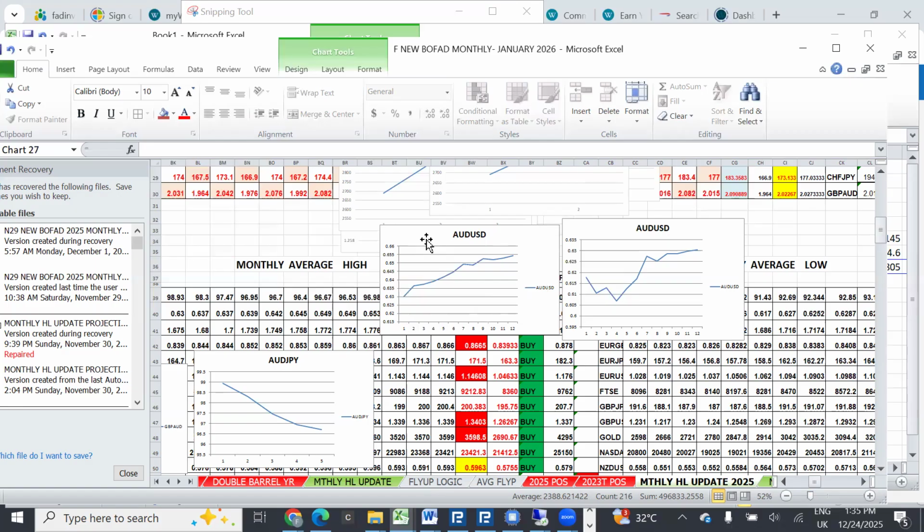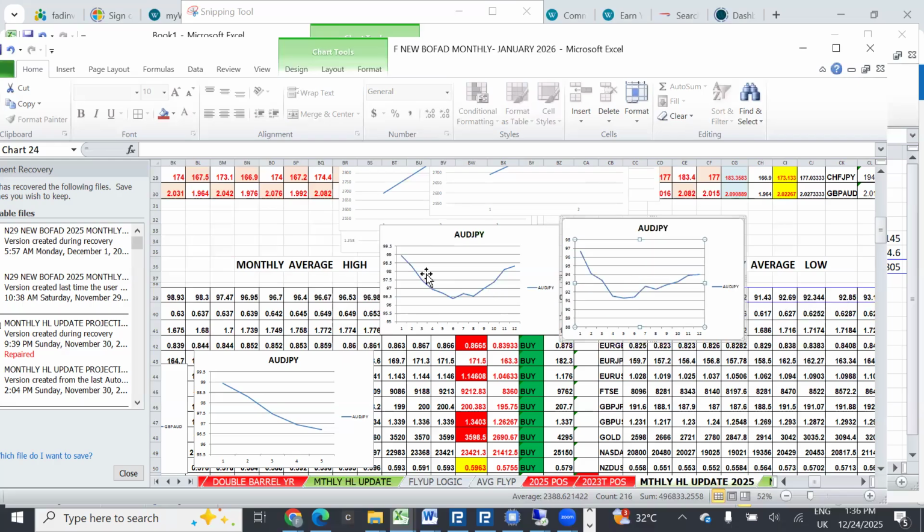So let's look at the example of the AUD JPY we checked before. So for AUD JPY, you can see this is the high. So we entered a sell from this entry point at 99. You can see the low then was 97.